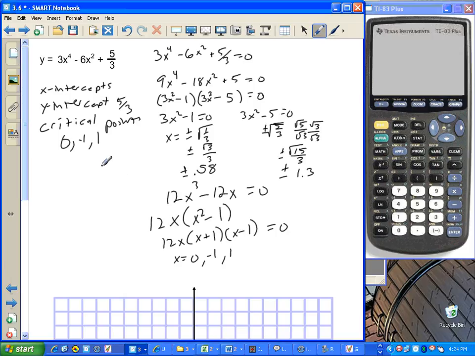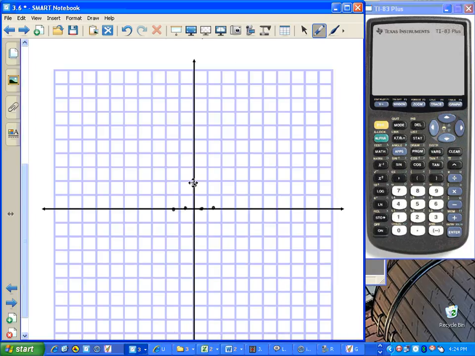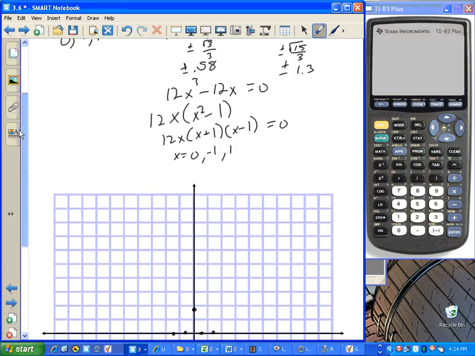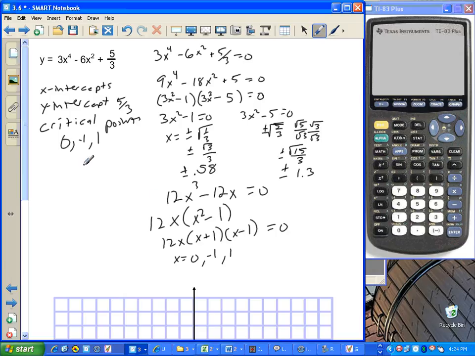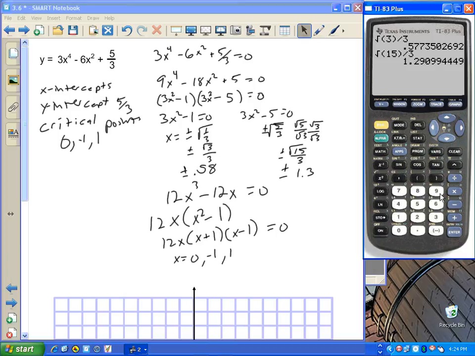So that's where I'm going to have relative mins or maxes. So I'm going to plug those into my original function. So I've already plugged 0 in, so I know this is going to be a min or a max. If I put -1 in here, I'm going to get 3 plus 6, which is 9, plus 5/3 is 10 2/3.